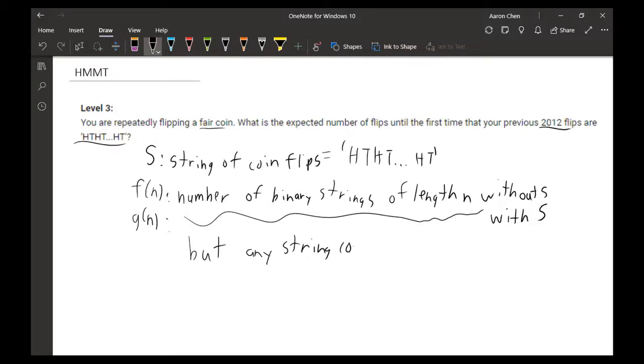for any string that is counted, if we take out the last letter, then the n-1 letter string that you get does not contain s.